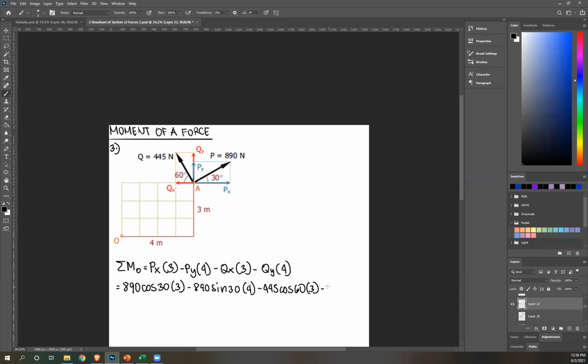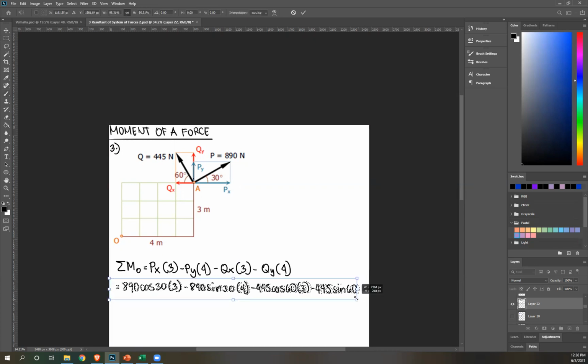And then minus Qy is 445 sine 60 times 4. Please compute. What's the answer?